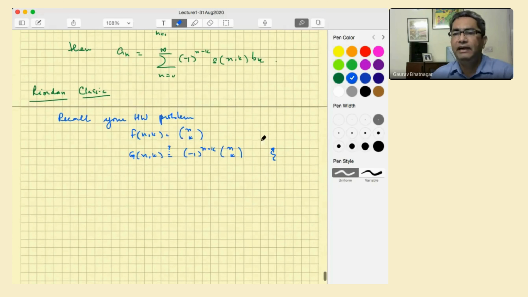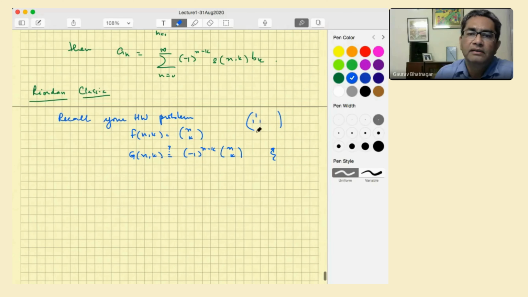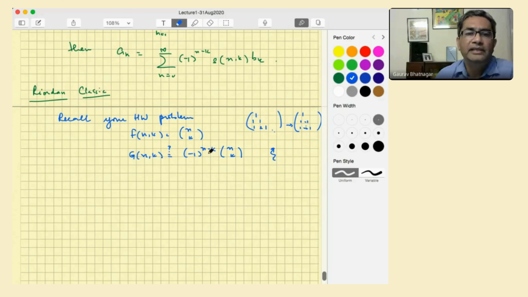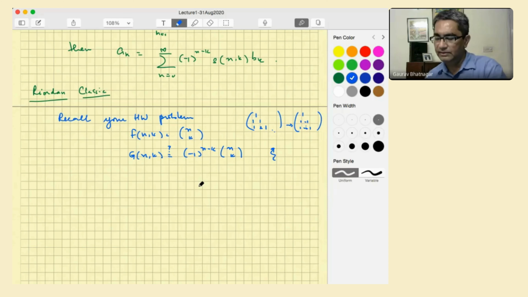So when we had a matrix of binomial coefficients and we took its inverse, were you getting some salt and pepper look, something like this? Yes, Professor. Did you get that in your homework? Yes, Professor. So this is a typical example of inverse relations, right?